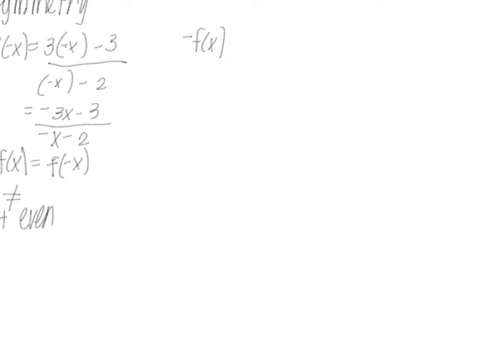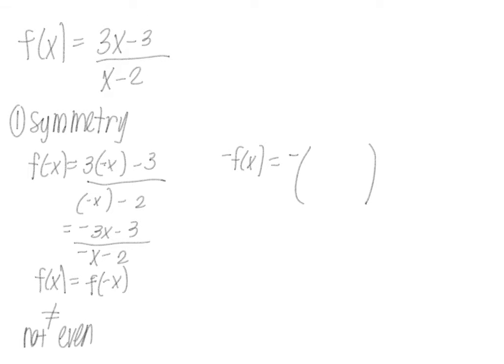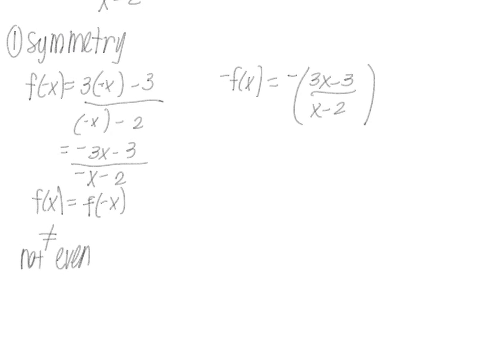Okay, and so for negative f of x, you literally write down your original f of x and just make it negative. So we had 3x minus 3 over x minus 2. And that becomes negative 3x plus 3 over x minus 2, or it could be 3x minus 3 over negative x plus 2.